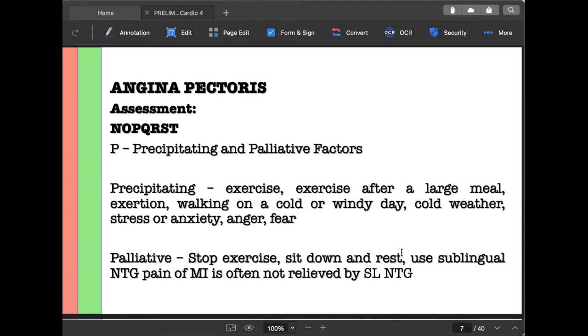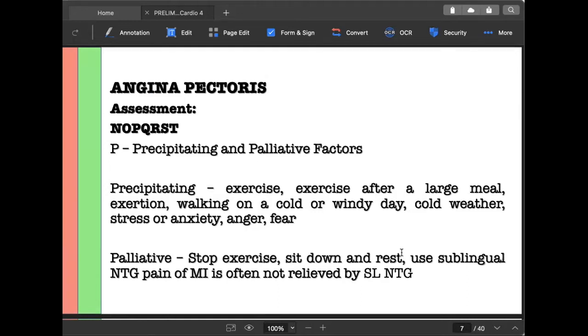It can be exercise after a large meal, exertion, walking on a cold or windy day, cold weather, stress or anxiety, anger or fear. So, these are examples of factors that can lead to patients experiencing angina pectoris.